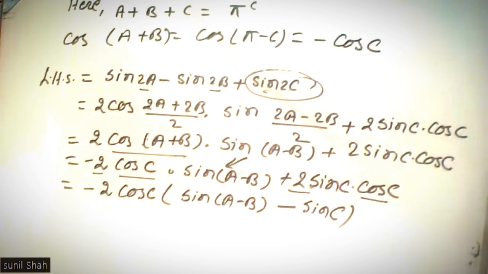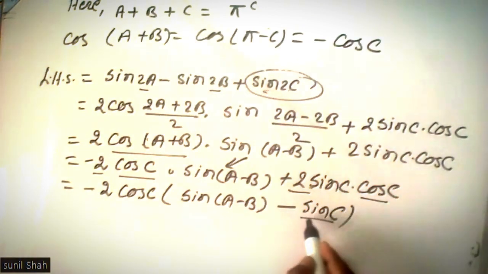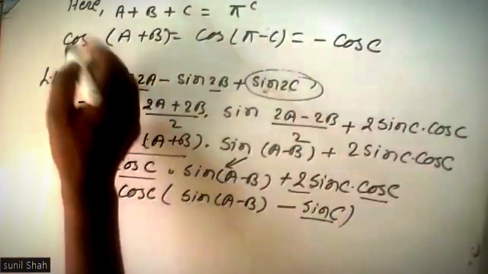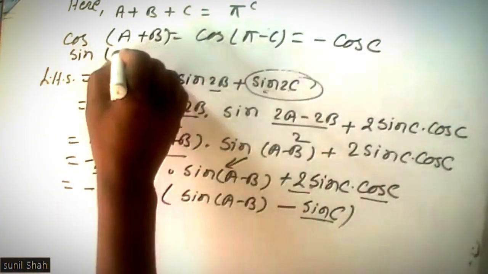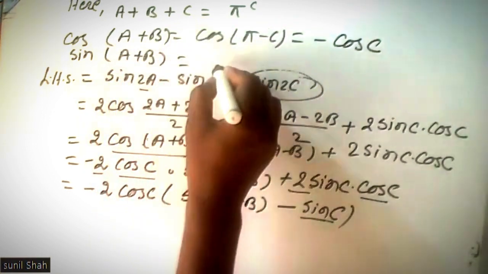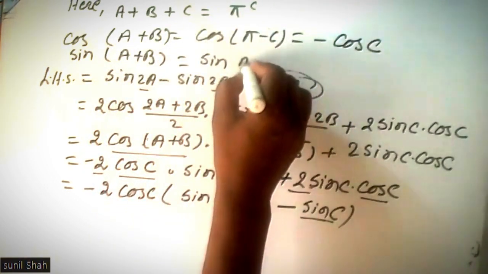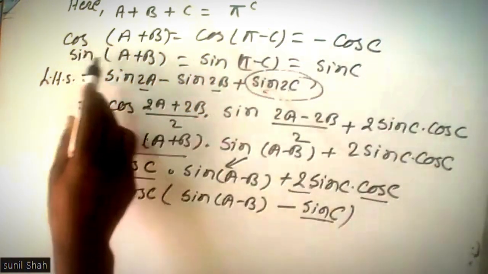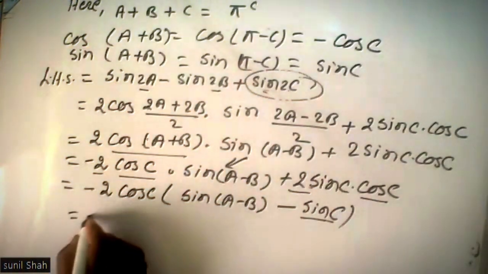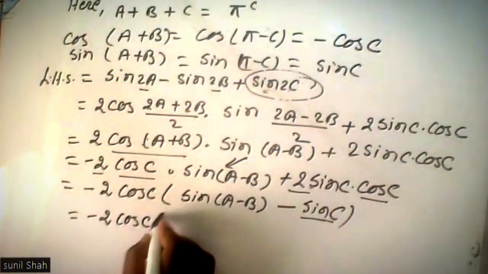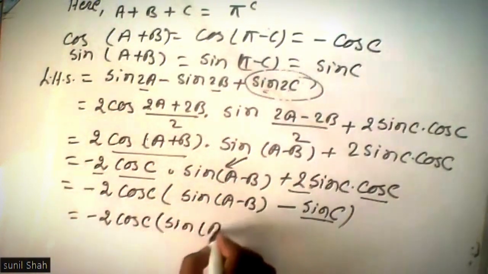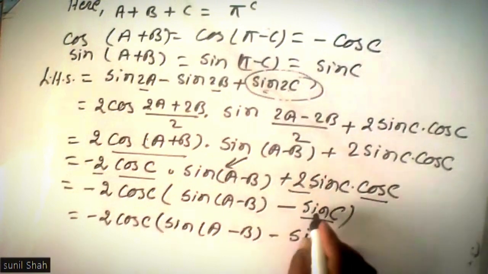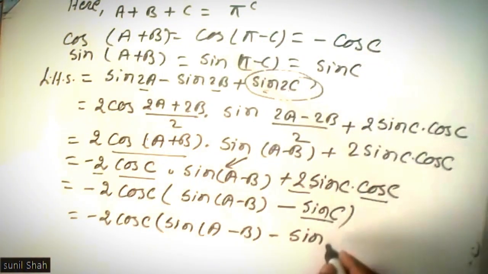Now again, what is minus sin c? If cos (a plus b) is minus cos c, then when we take sin on both sides, sin (a plus b) is equal to sin (pi minus c) is equal to sin c. Sin c is sin (a plus b), so minus 2 cos c into sin (a minus b) minus sin (a plus b).